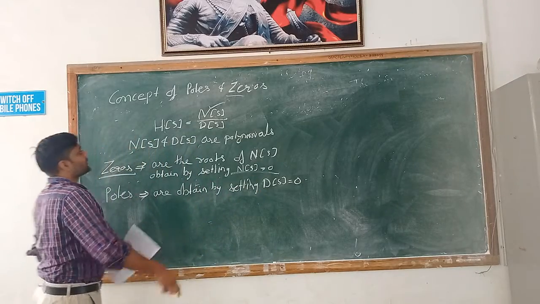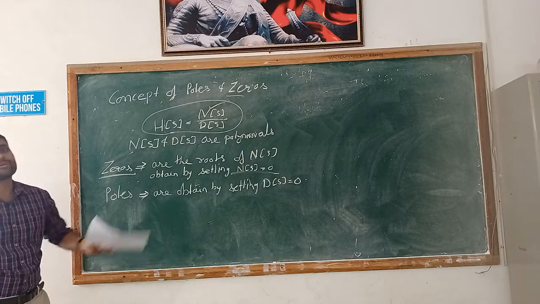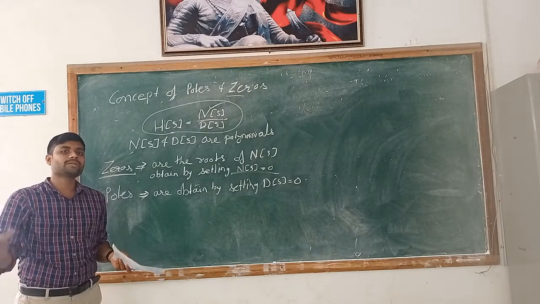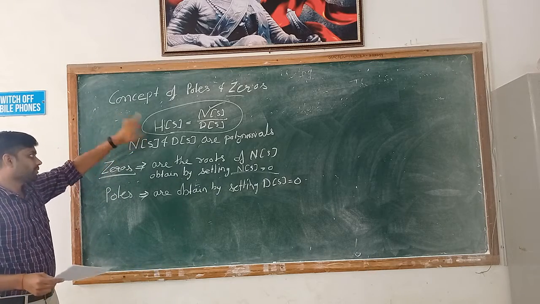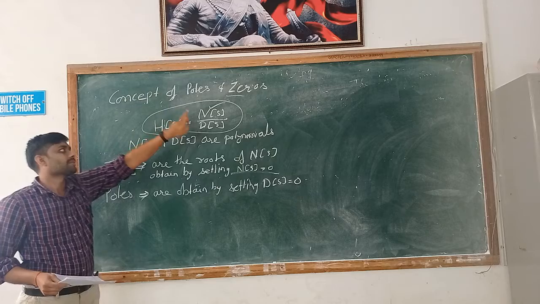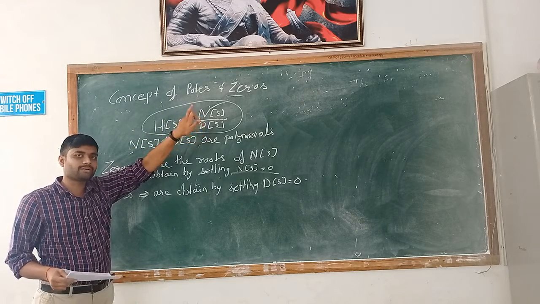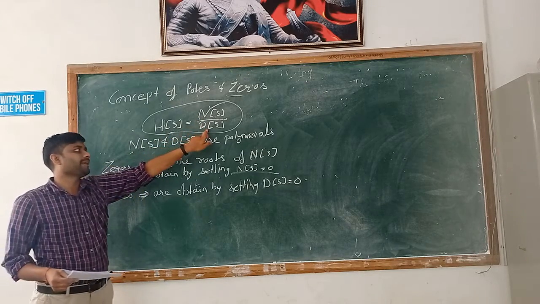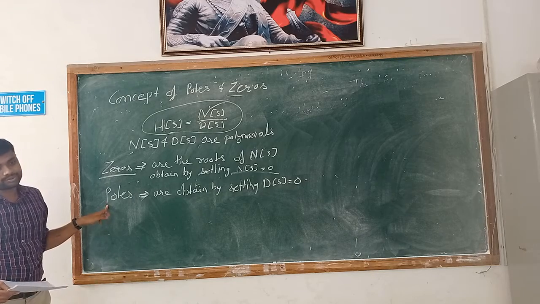Every system has its transfer function, and we know we get this transfer function by taking the Laplace transform of the output and input. By finding the roots of the numerator of the transfer function, we get the zeros, and by finding the roots of the denominator, we get the poles.